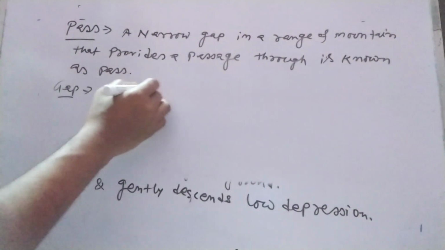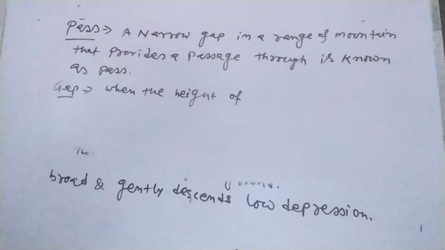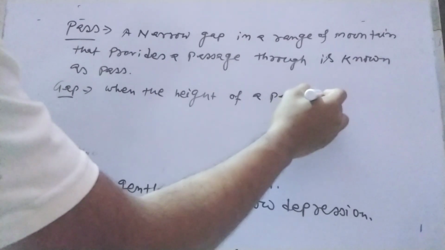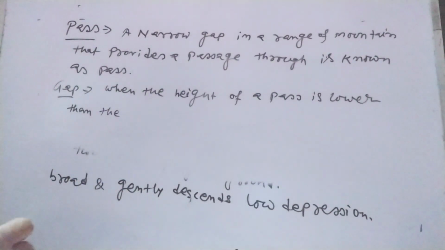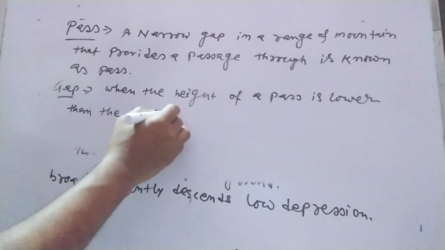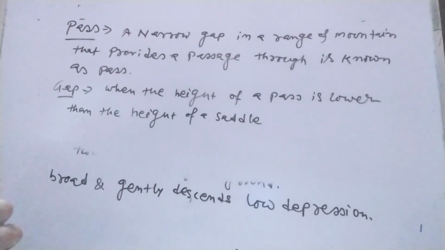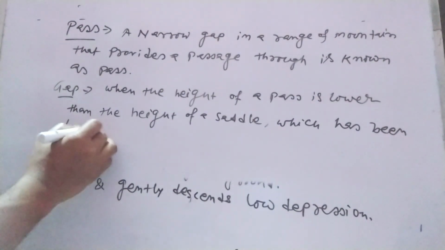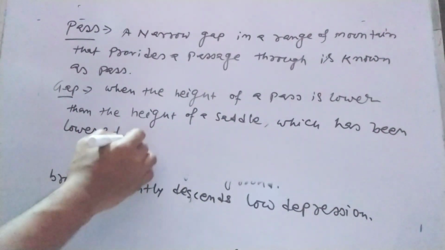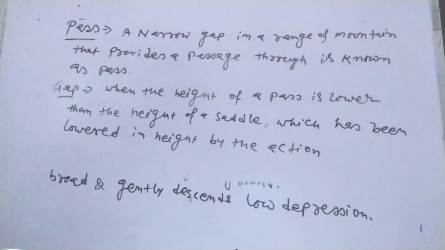Gap is when the height of a pass is lower than the height of a saddle, which has been lowered in height by the action of river.